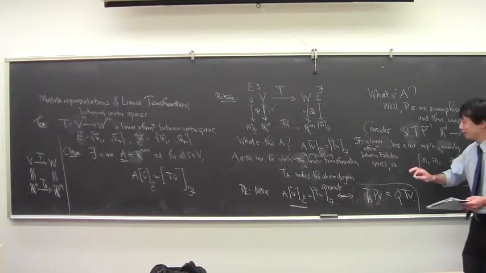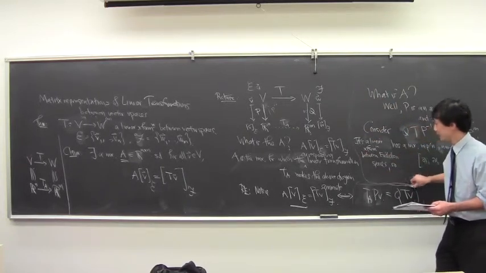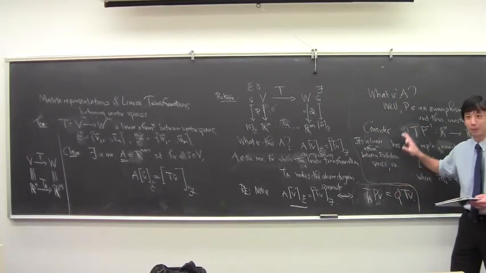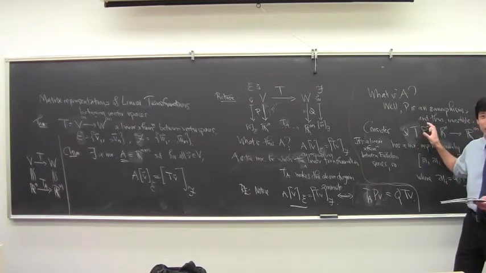Okay, actually, let me. I think maybe I should have done the second explanation before the first explanation. So I'm going to hold this for a second. I'm going to explain it in a completely different way, and then I'll come back to this.